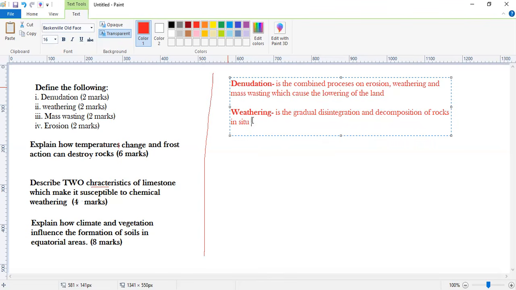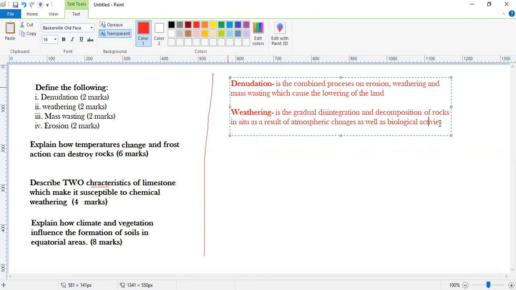So it is the gradual disintegration and decomposition of rocks in situ, and it's good if we could mention the agent or what is responsible for weathering. So we could write as a result of atmospheric changes as well as biological activities.